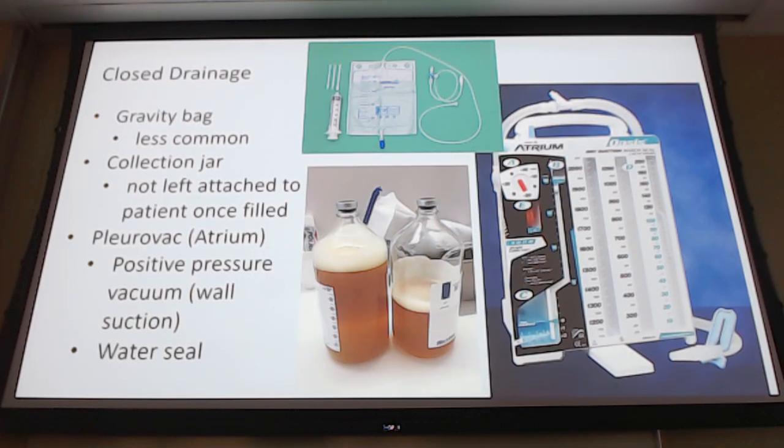So there's 2 different ways we can use an atrium, either on suction, positive suction, or the water seal. Okay, but basically we're making sure that air cannot get back into the chest, but then we can actually measure how much is drawing out or coming out of the chest, whether it's blood or fluid or whatever it is. Okay. The atrium is most common if we need a chest tube.